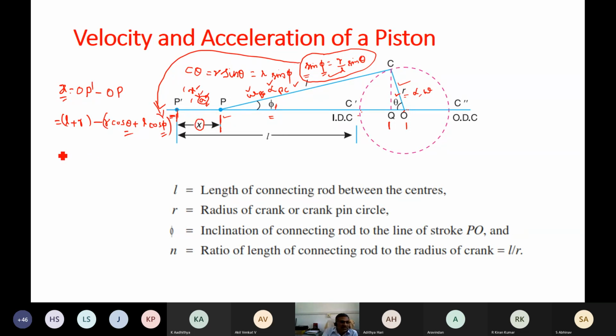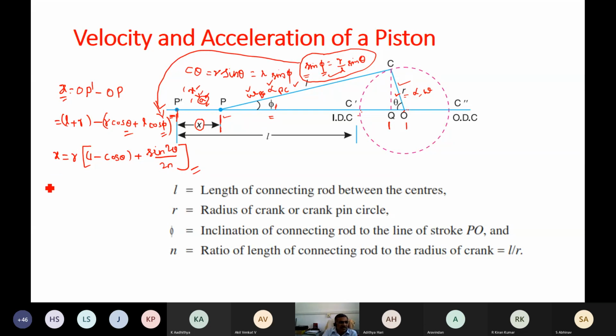Finally, you will get x is equal to R into (1 minus cos theta) plus sin square theta divided by 2n. So this is the value of x. This is a way how to calculate the value of x.